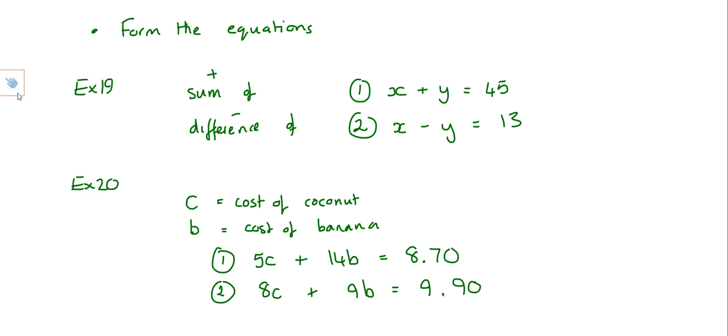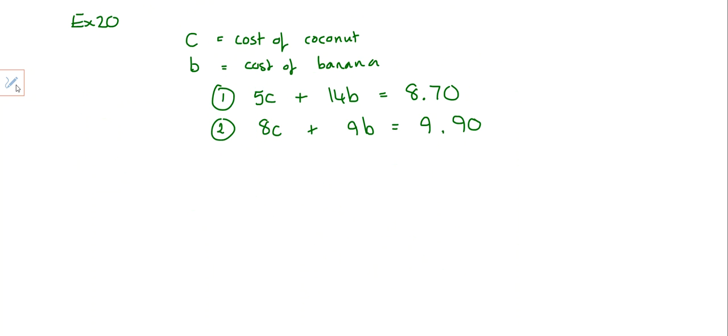So I can equally write, by the way, I'm using a different colour so you don't confuse, 5C plus 14B is 870, and 8C plus 9B is 990. So why can I do that? What's the difference between the two? Because in that one they're talking in cents, and in the one that we wrote, we're talking in dollars.